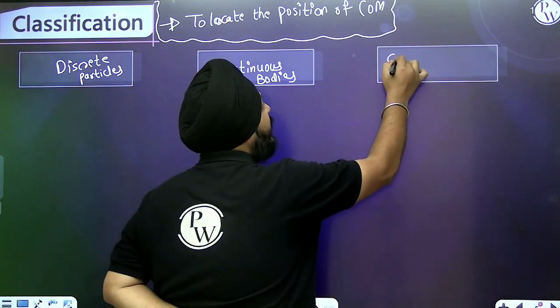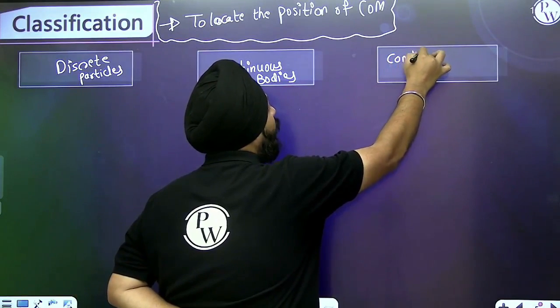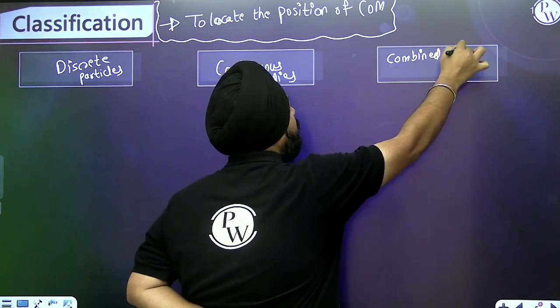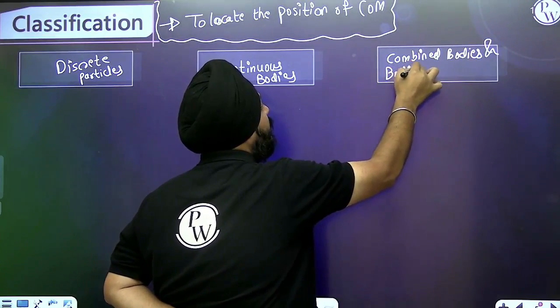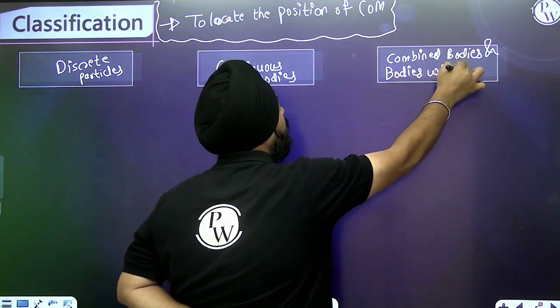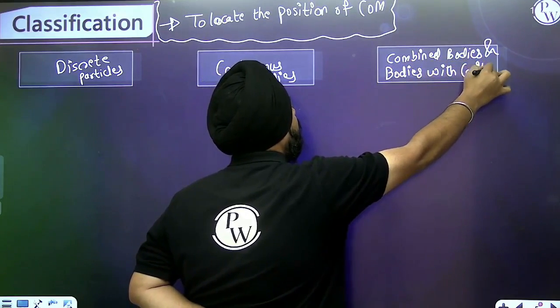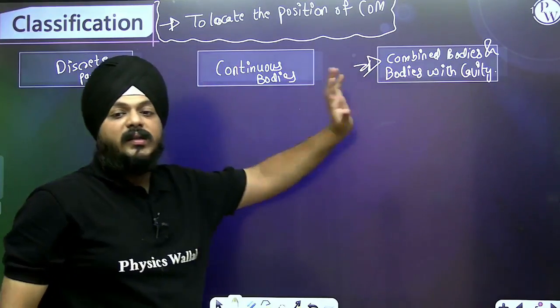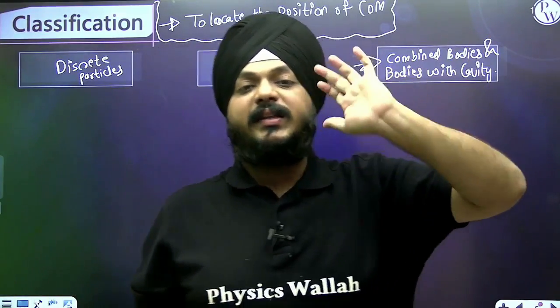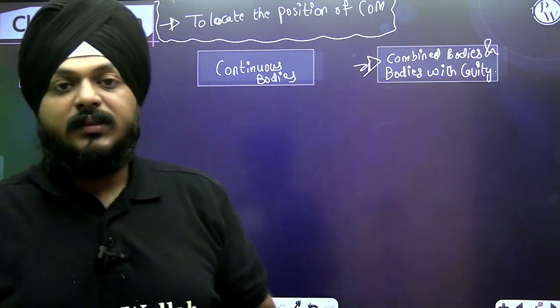We are going to locate the center of mass for combined bodies and bodies with cavity. These three are the important things, and these three have their respective formulas.